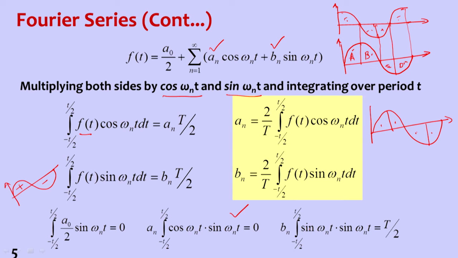That means a sine function multiplied by the same sine function and integrated over the period is non-zero, while a sine function and a cos function integrated over the period is 0, only the sine function integrated over the period is 0, and only the cos function integrated over the period is 0. So that means bn has a value, while the an coefficient will be 0. This value is 0 and this one is non-zero.